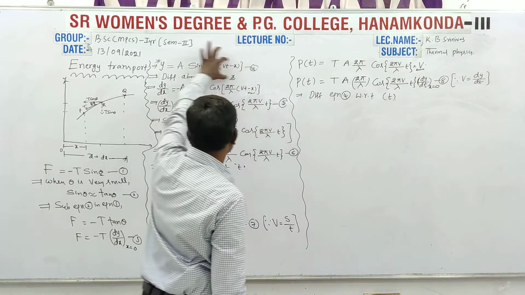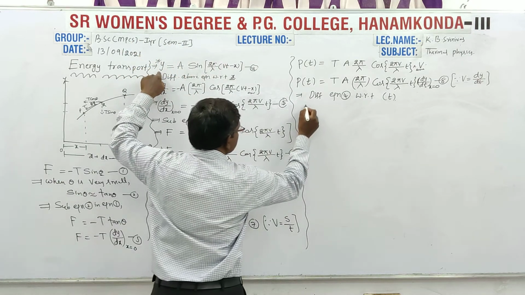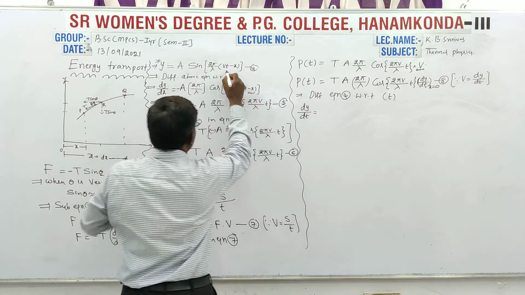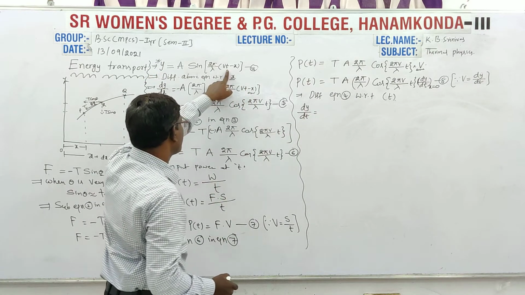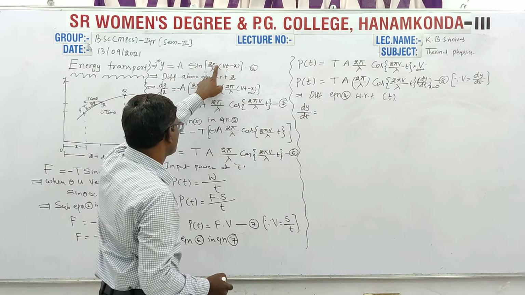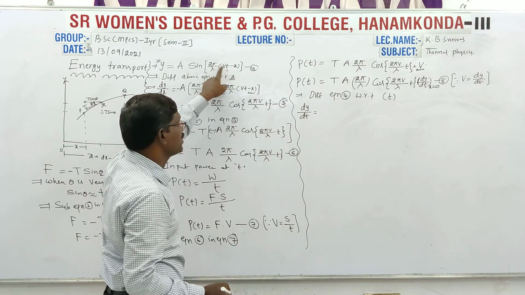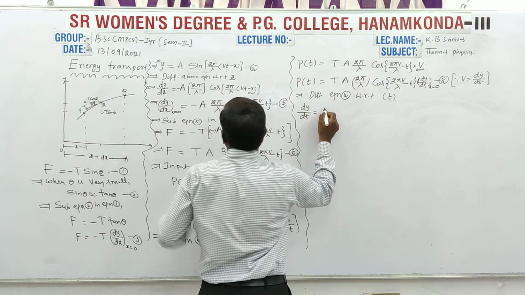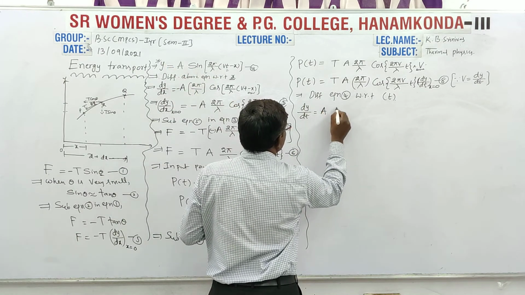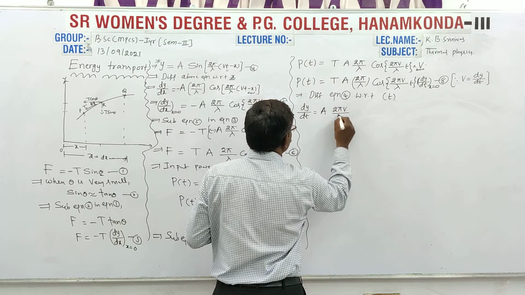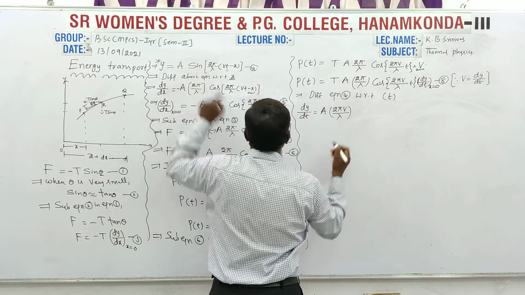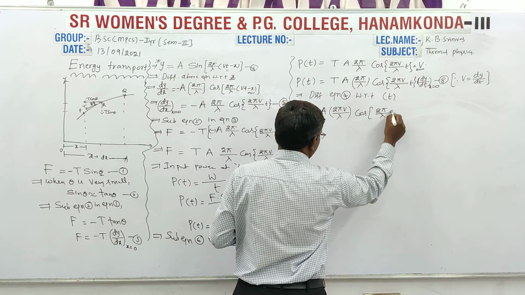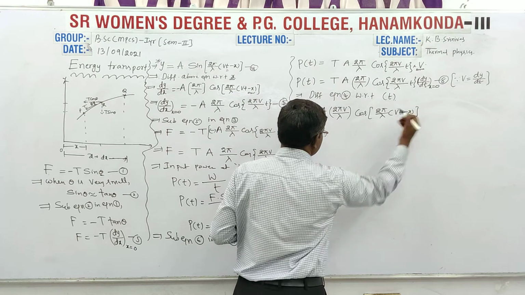See equation 4 carefully. So y becomes dy by dt. With respect to time, what is the coefficient of time? That is 2 pi by lambda into v. 2 pi by lambda into v comes before the equation. Already here we are having a. After differentiation, this becomes 2 pi v by lambda. Sine becomes cos of 2 pi by lambda of (vt minus x).